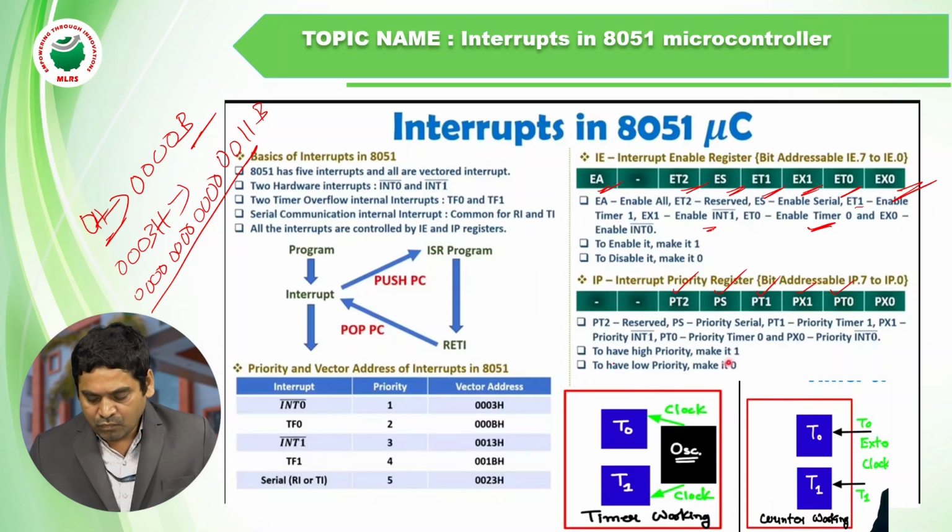Here, the default priorities we know: first priority is INT 0 bar, second priority TF0, third priority INT 1 bar, fourth priority TF1, fifth priority TI or RI. So if any interrupt occurs, the first priority is INT 0 bar.